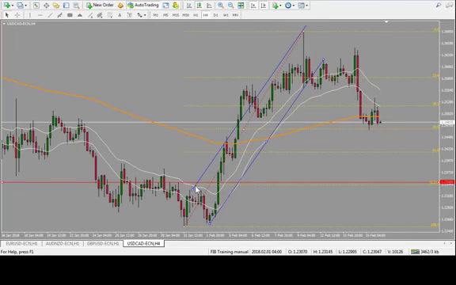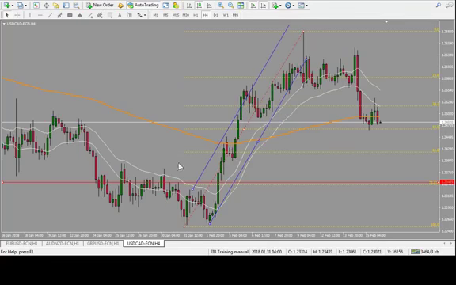When you look at this channel, you've got connection points here, here and here, and then it went out again. So it didn't establish a clear channel on this time frame, but generally once they break, you know that a correction is due.